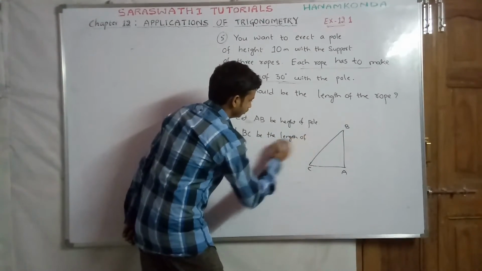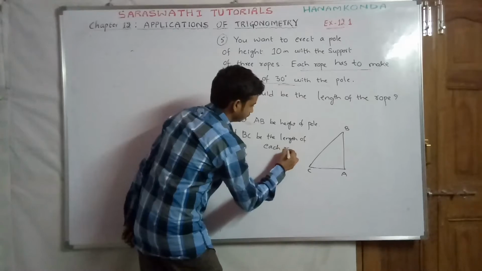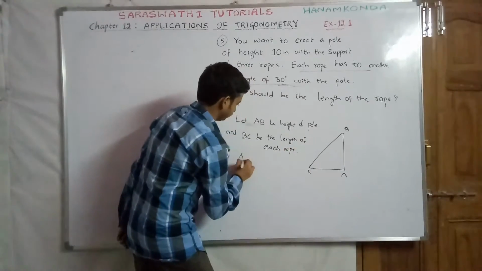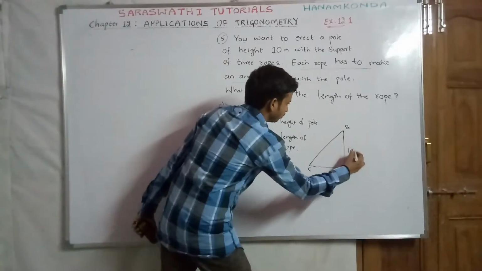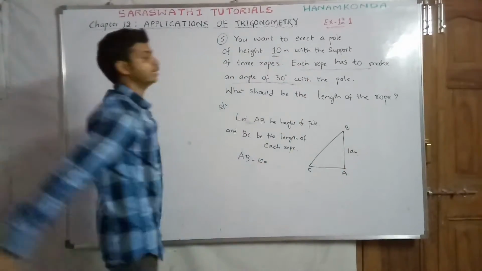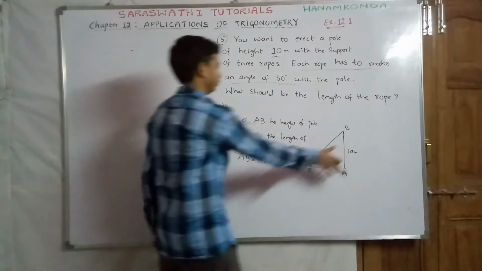It is given that AB value is 10 meters. Since AB is the height of the pole, it is mentioned in the question that the pole is of height 10 meters, so AB is 10 meters.